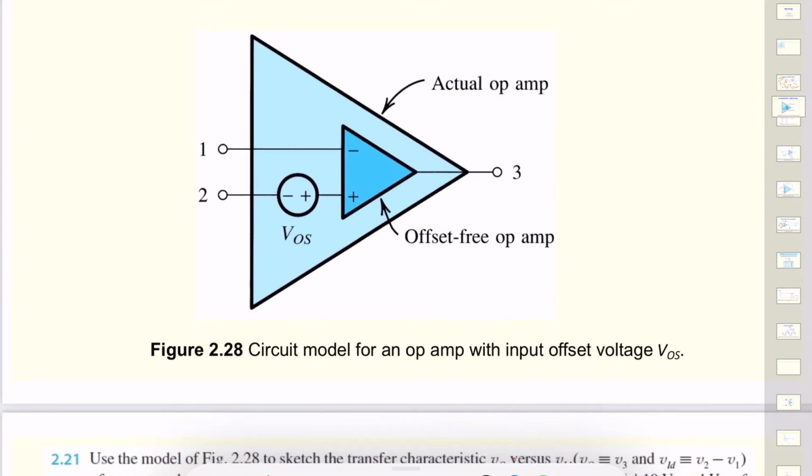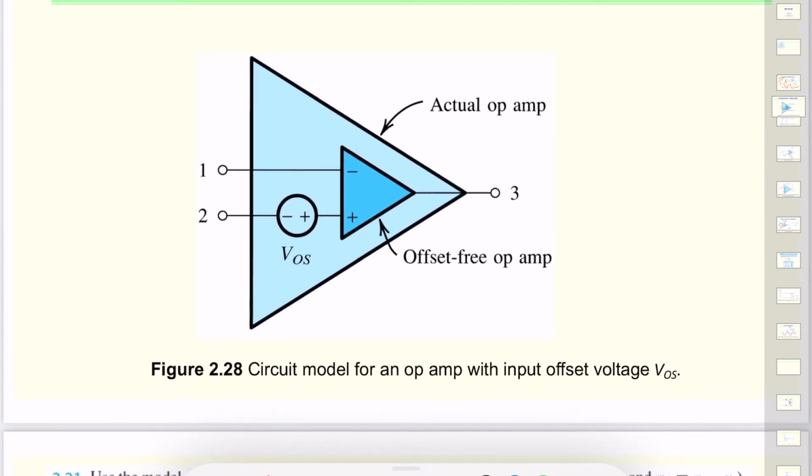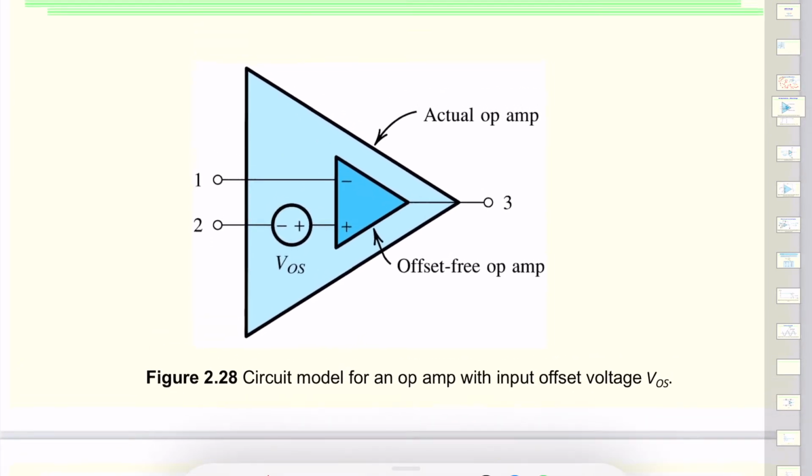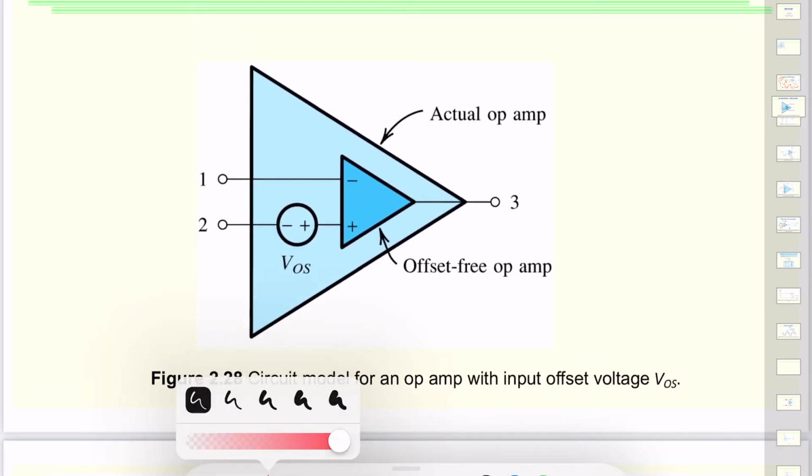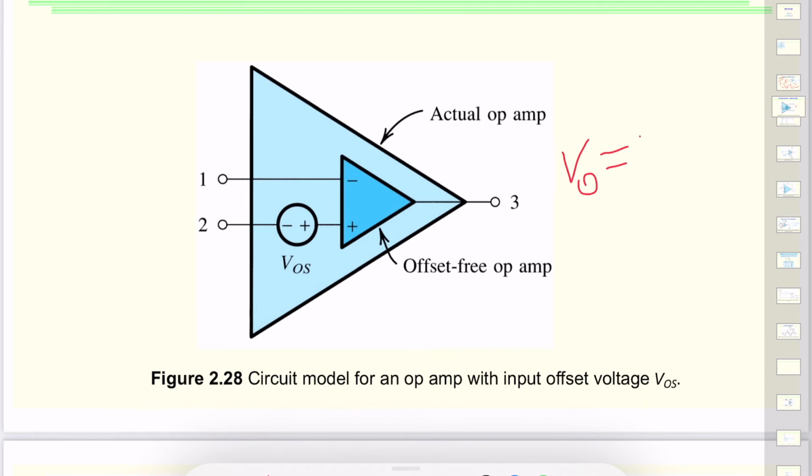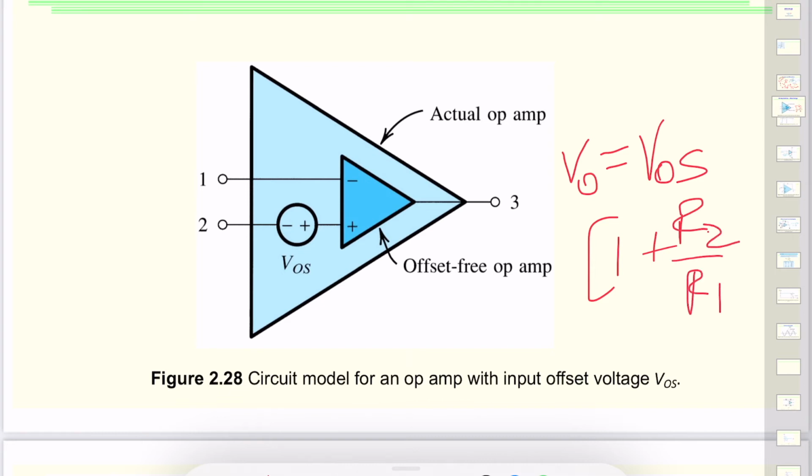For both configurations we find the output DC voltage, using the relationship V naught equals VOS times (1 plus R2 over R1).